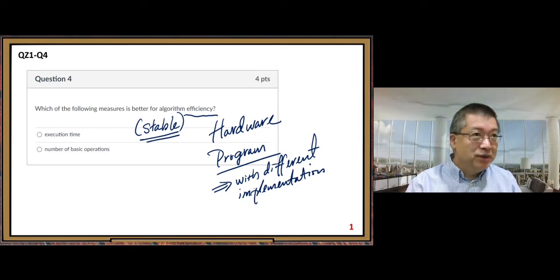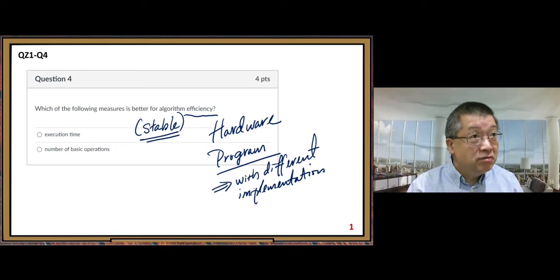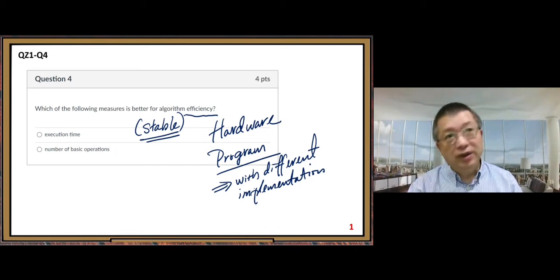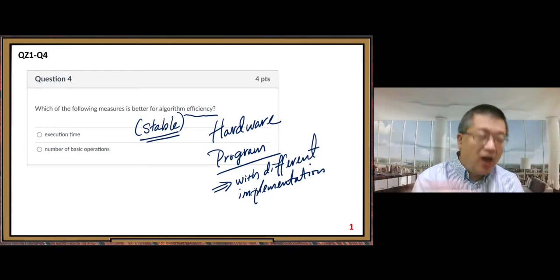Do you want to make your algorithm efficiency measurement rely on that kind of program implementation difference? You don't want to. So for that reason, we need a stable measurement.